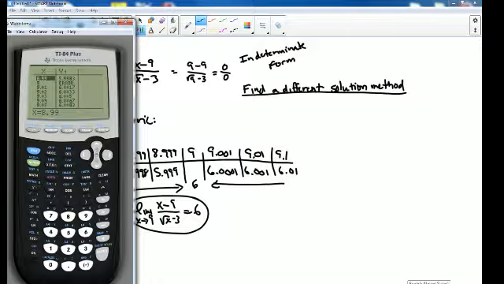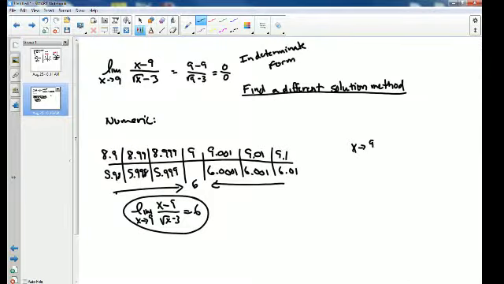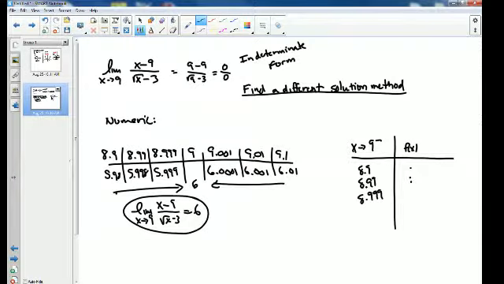They would put x approaches 9 from the left, their values, and they would evaluate with their numbers. Then they would put x approaches 9 from the right. Then they would evaluate.